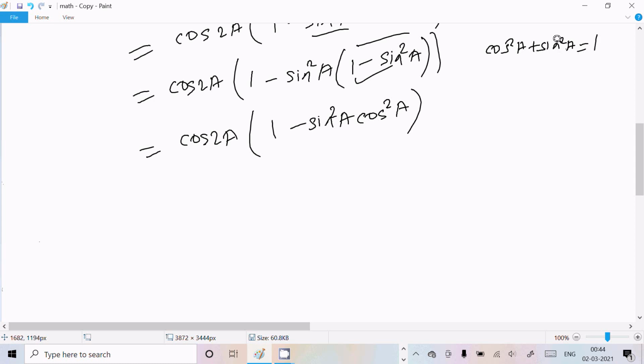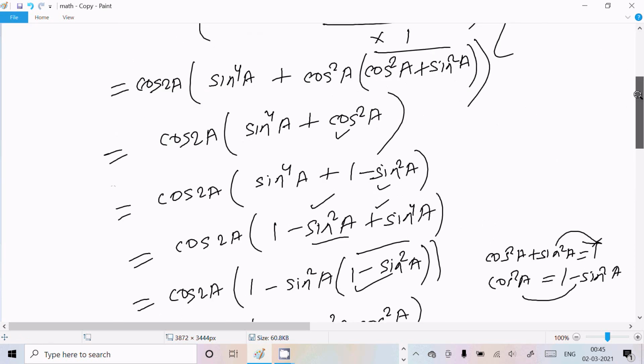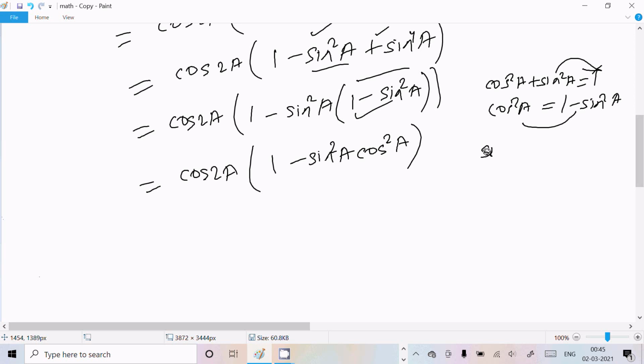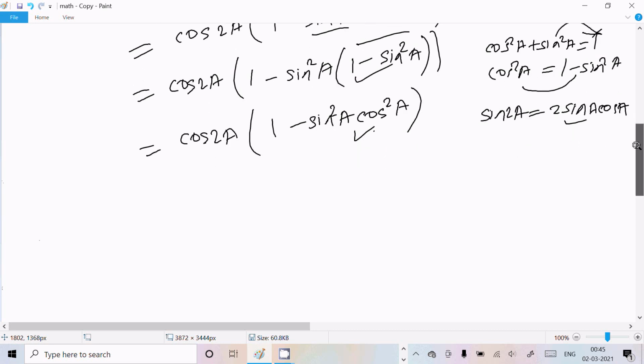If I move that to the right, cos^2 a, hereafter 1 minus sin^2 a will come. So in place of this we can write this one. Now hereafter the next is sin 2a. We already know sin 2a, the value is 2 sin a into cos a. So we need to change this one into the formula like this.